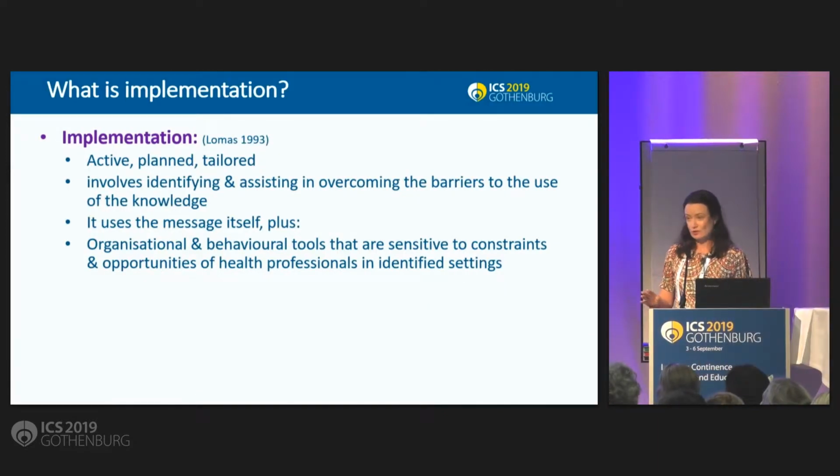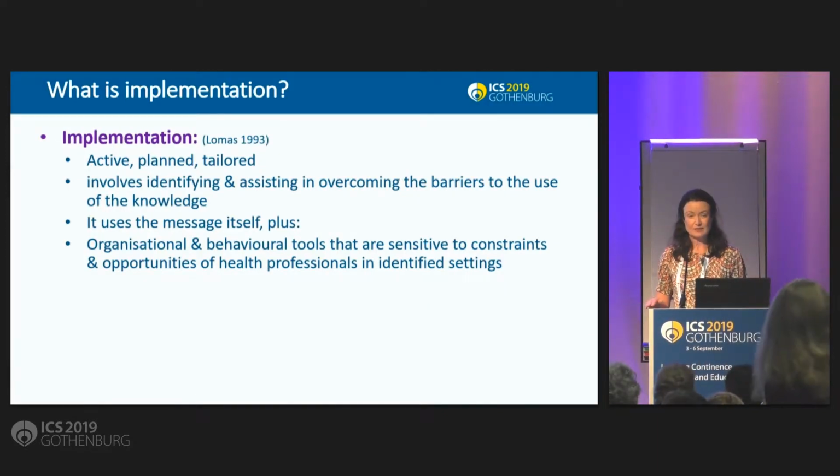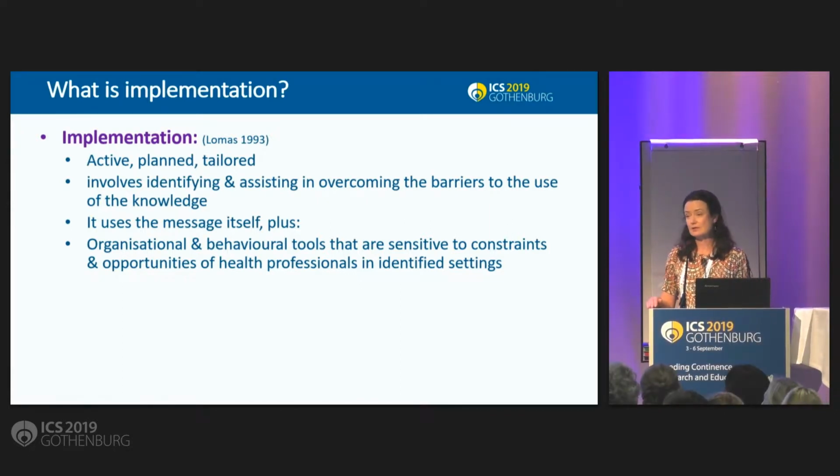Let's start with what it is we're talking about. What is implementation? It's been around for a couple of decades, but it's become much more popular now to talk about implementation of evidence into practice so that we bridge that research clinical practice gap. Implementation is a process. It's quite planned and structured and usually tailored to the context. It always involves identifying the barriers to the thing that you are trying to implement, and we'll do that this morning.